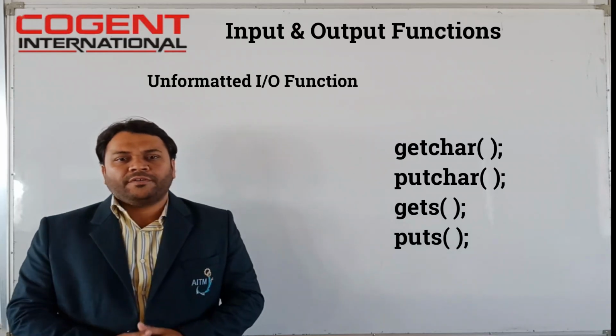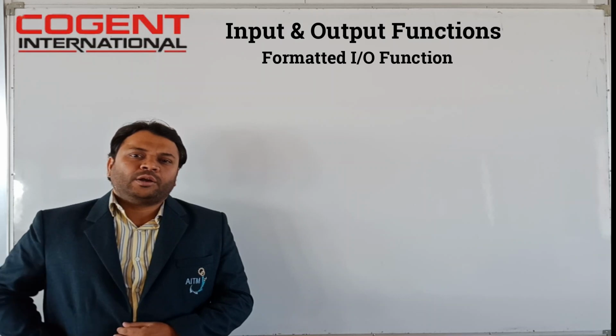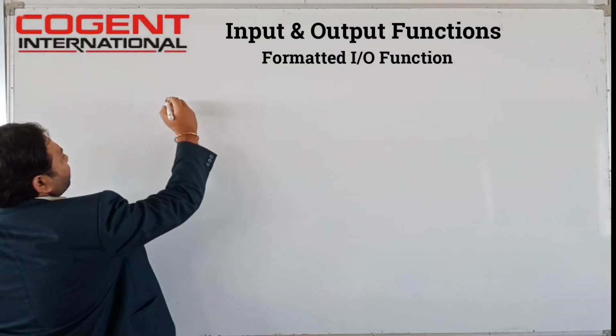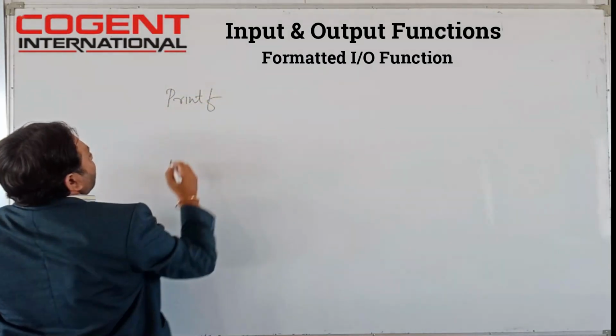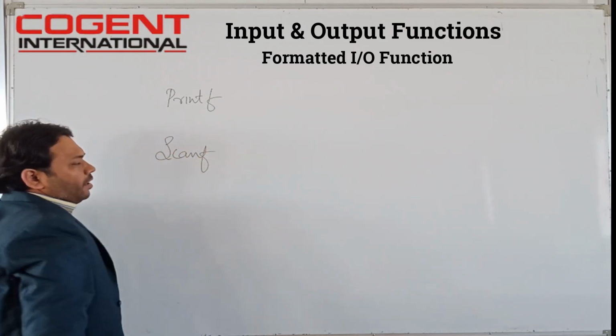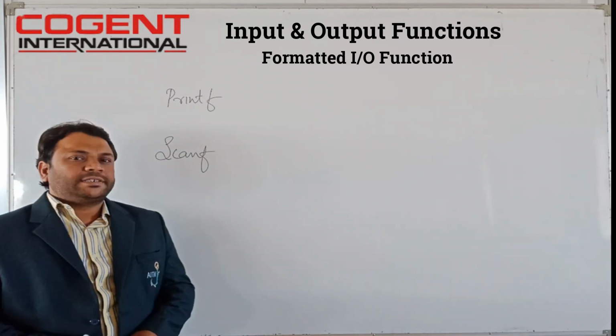Now we'll understand the formatted input output functions. As I told, the two formatted input output functions are the printf and the scanf. Now we'll try to understand the syntax for the printf and the scanf here.